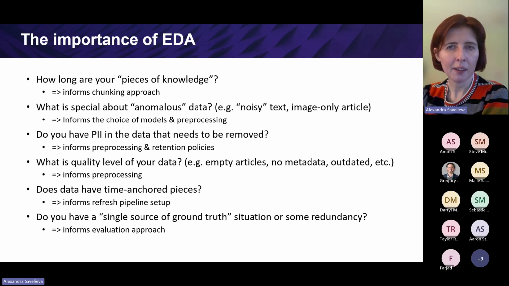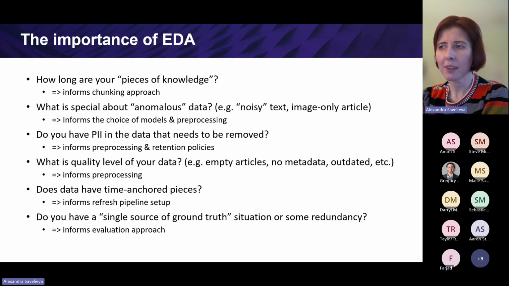And then in some RAGs, there is redundancy. You can expect some pieces to be covered in more than one article. A good example of that would be technical documentation. It aims for non-redundancy, but as we all know, there is some level of redundancy always.